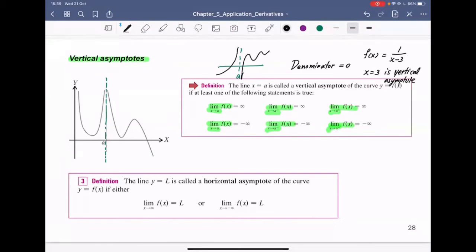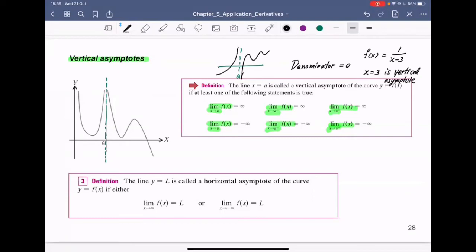The point that gives you denominator equal to 0 will be the vertical asymptote. If the denominator equals 0 and your numerator is just a number, then when you take the limit, as you learned in the limit section, the limit is going to be plus or minus infinity.